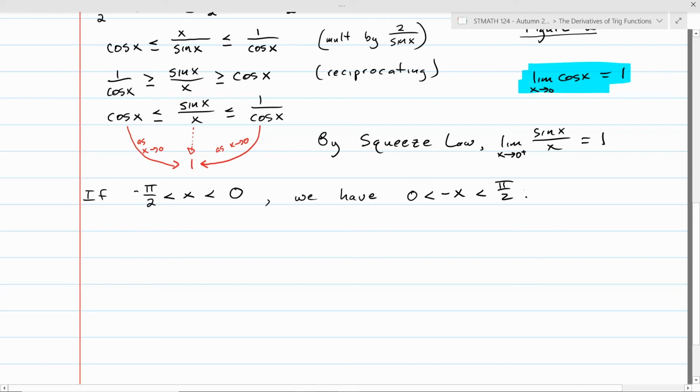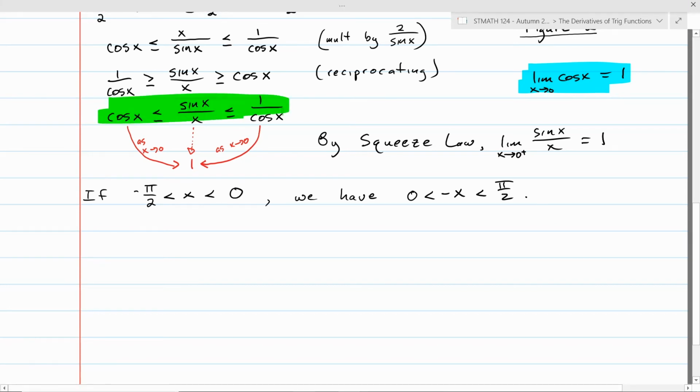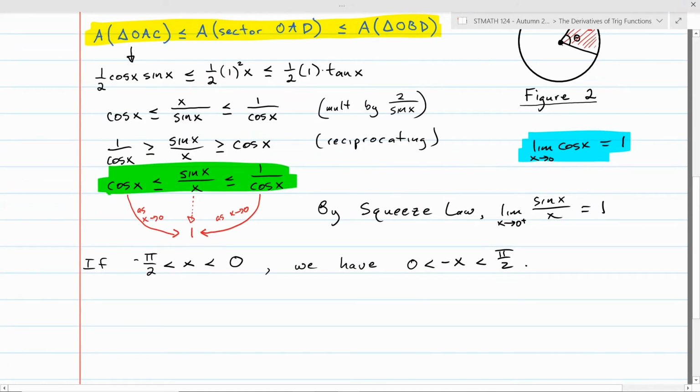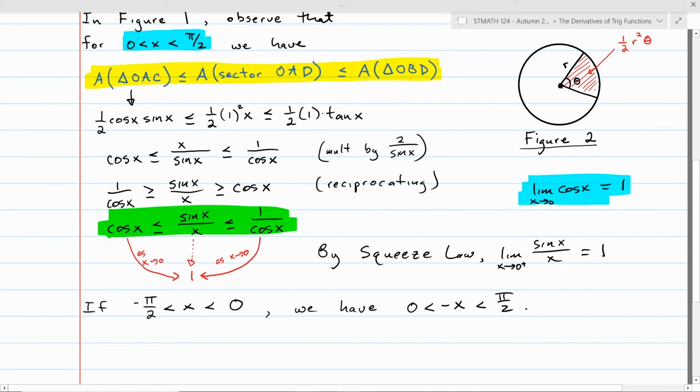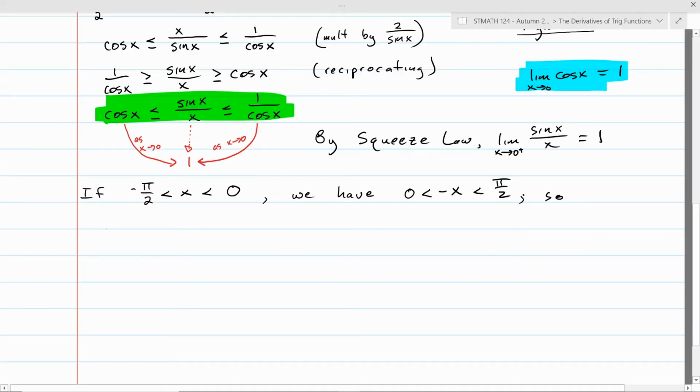And since we've already established this inequality right here in green, that inequality has been established for values of x between 0 and pi over 2, then I can get away with saying cosine of negative x is less than or equal to sine of negative x over negative x is less than or equal to 1 over cosine of negative x.